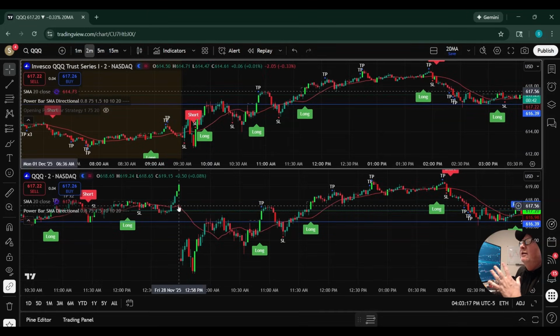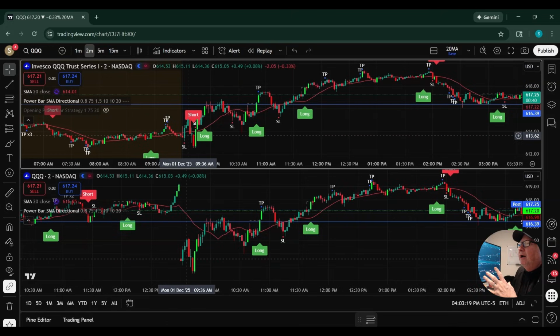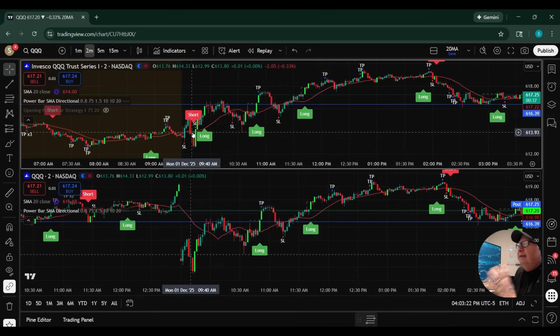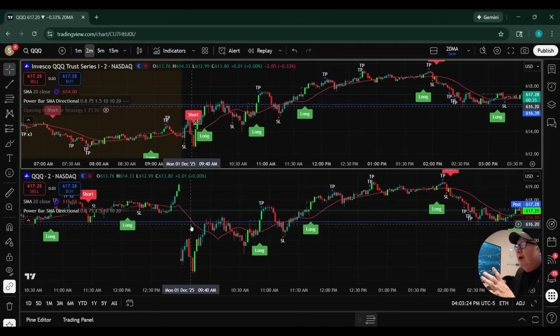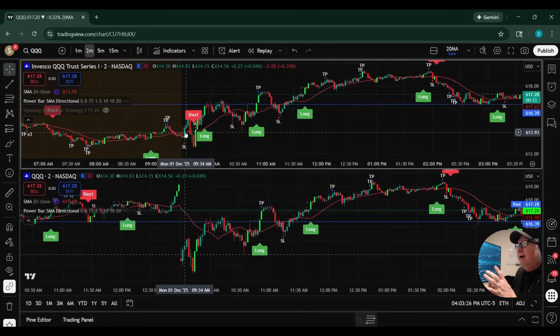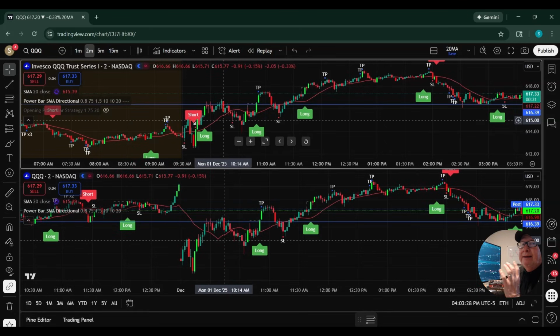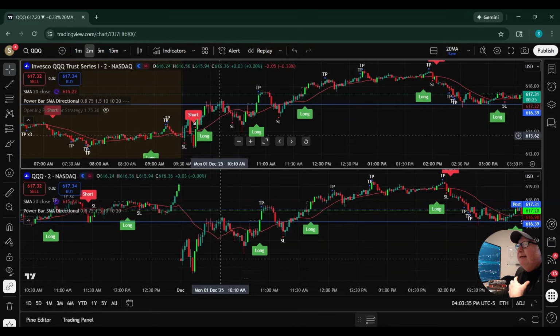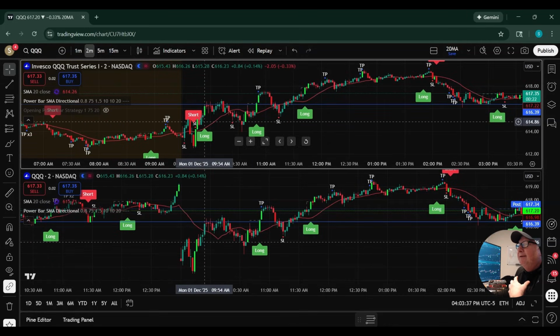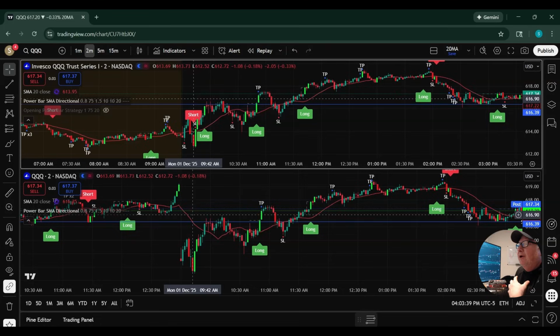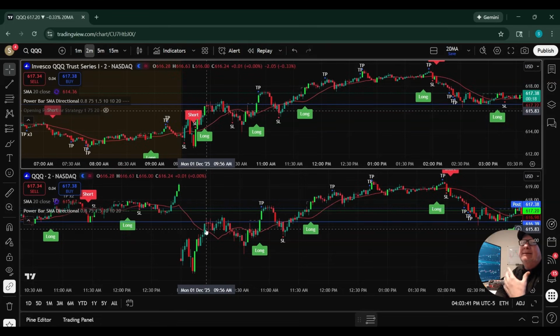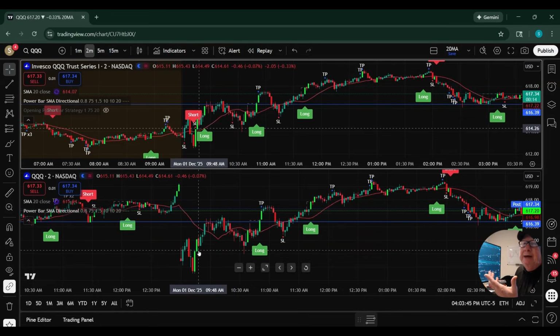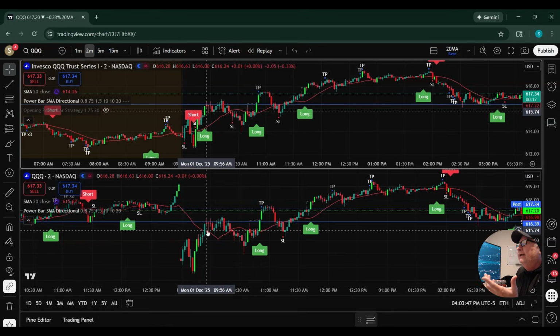But again, this is a clear example of why you need to be very aware of the regular trading hours chart if you're trading off of the extended hours chart. And for me, I want to avoid taking trades like this that especially go directly against what I'm trying to do with the power bar, which is trade with the trend, right? That's what the power bar trade is.